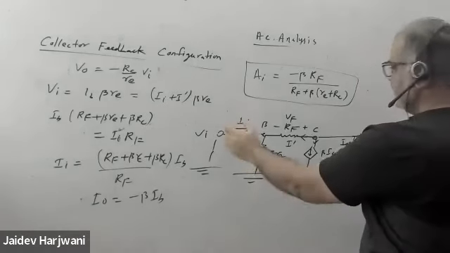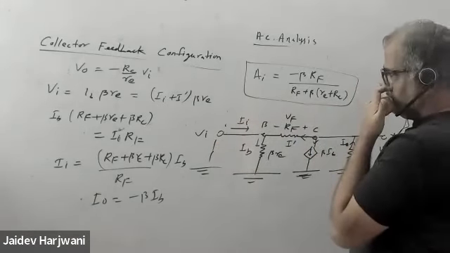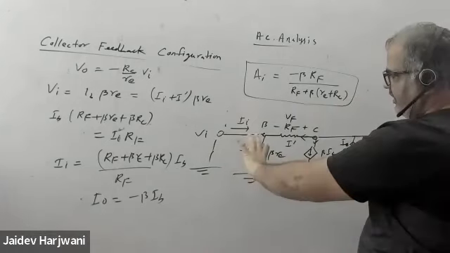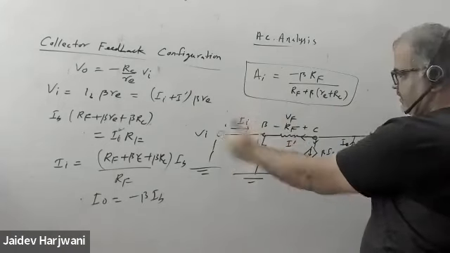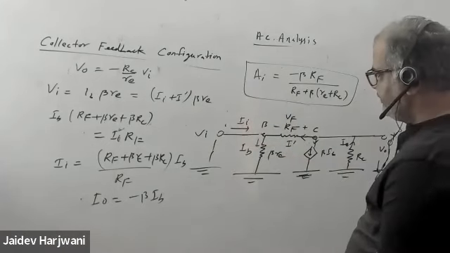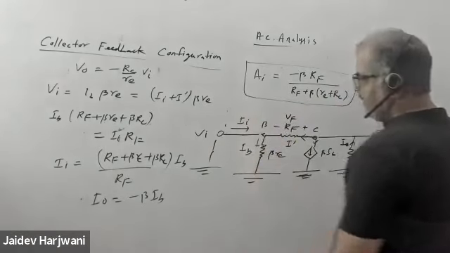It is simple. We use some simple KVL here, and calculating gain is simple. We input this one, we output this one, and you have got the voltage gain, applying this current and KVL in this closed path.